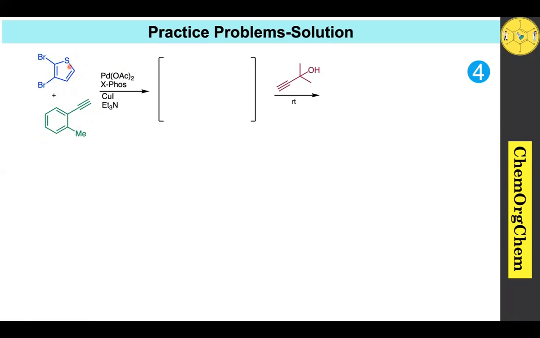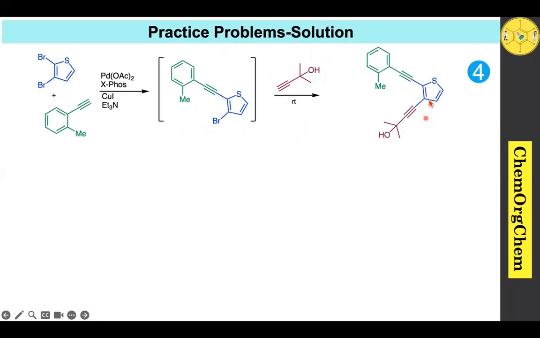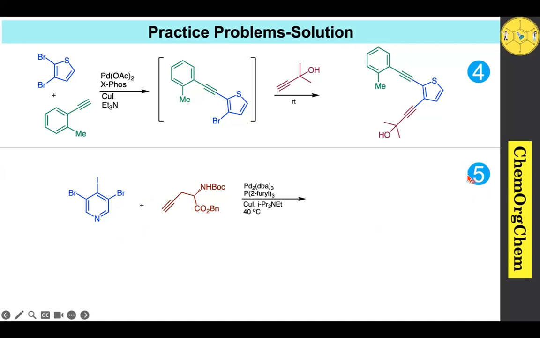As per that, this position is the more electrophilic position. Therefore, initially the Sonogashira cross-coupling takes place at this position to produce this corresponding intermediate. If we add one more alkyne to the same reaction mixture, it readily couples with this position to produce the corresponding carbon-carbon coupling product. So let's move on to our fifth practice problem.